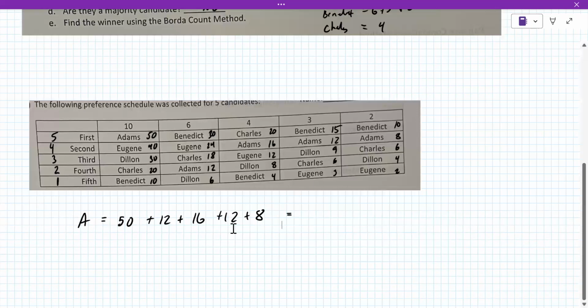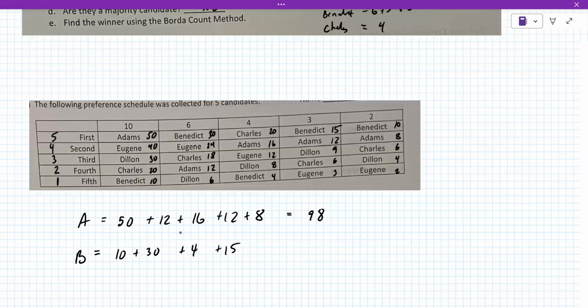So that's 20, 70, 28 is 98. B is 10 plus 30 plus 4 plus 15 plus 10. So 40, 50, 65, 69. And do the same thing for C.